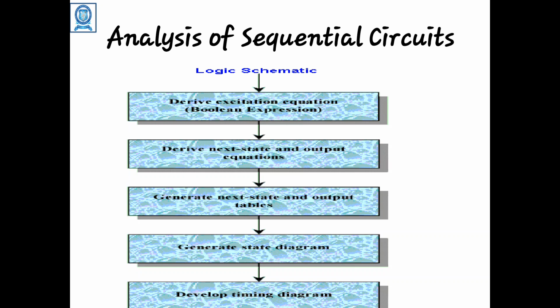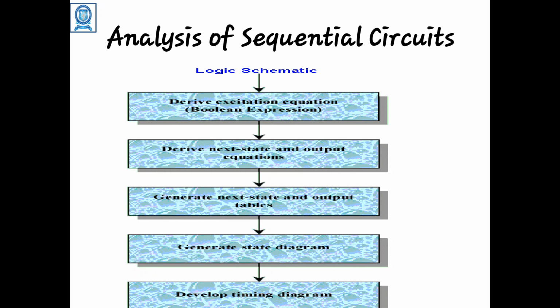After that, we move to the third step, generating the next state and output tables, which are otherwise called state tables. From the equations derived from the Boolean expressions, we have to draw the state table.